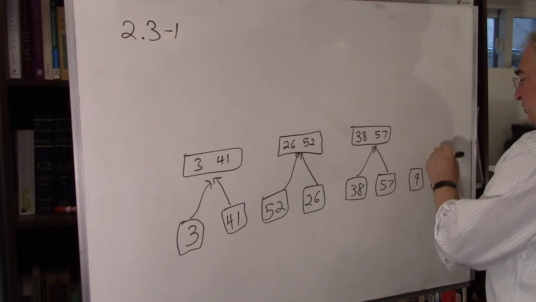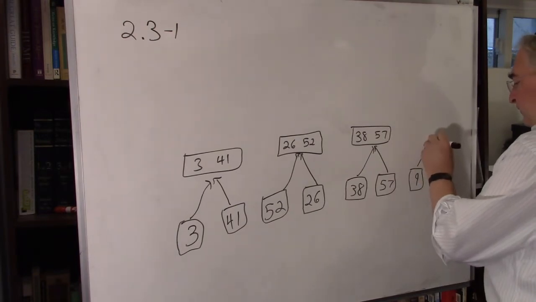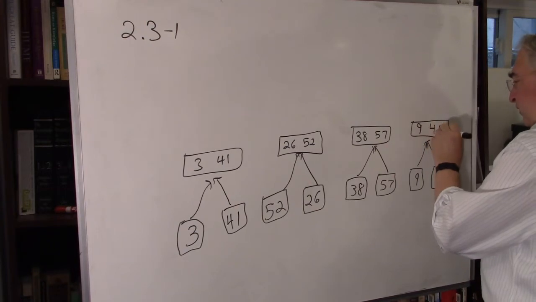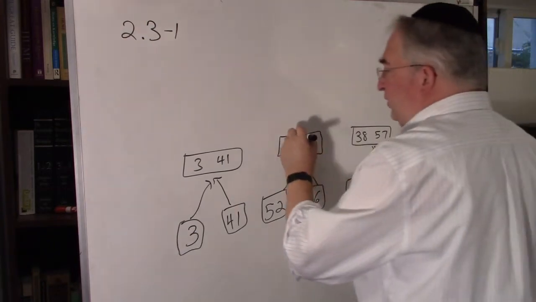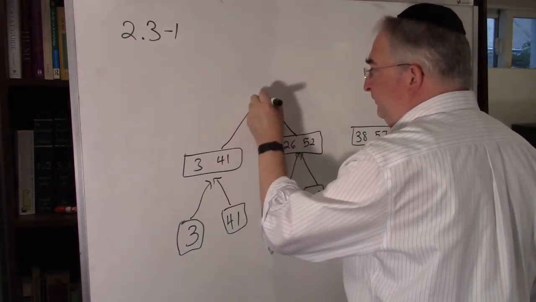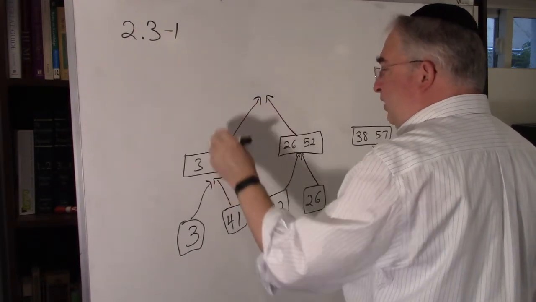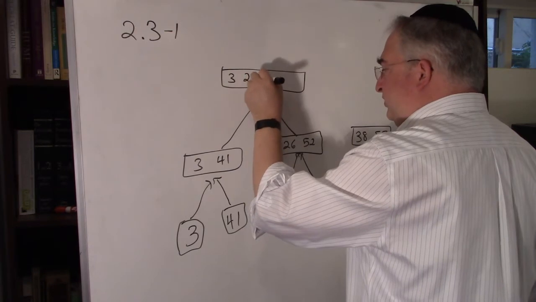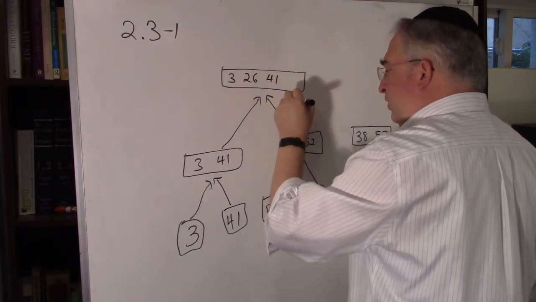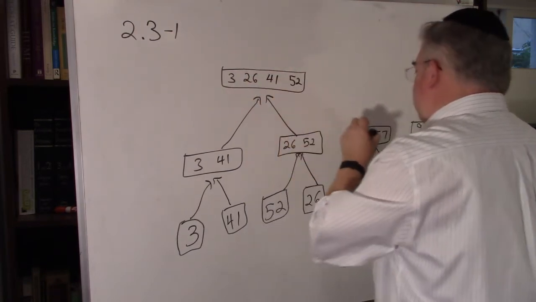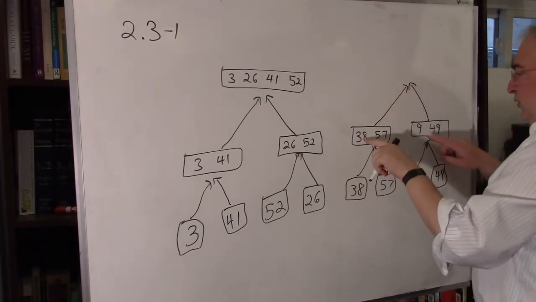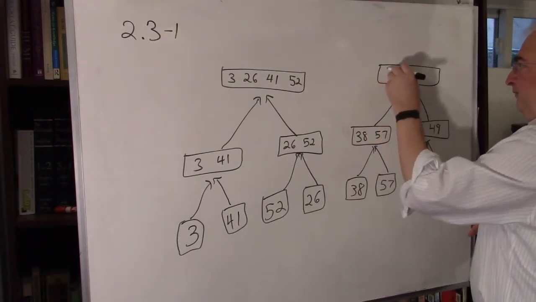And you're going to merge these two together, and you're going to get 9 and 49. That's already sorted. Now you're going to bring these two together, and you're going to get 3, 26, 41, 52.